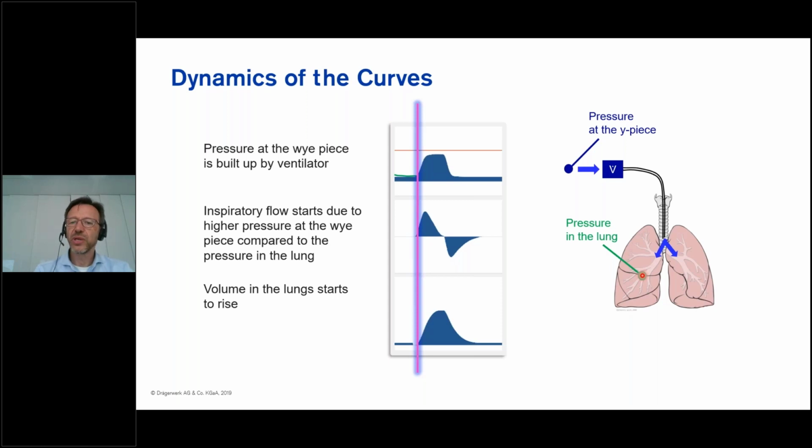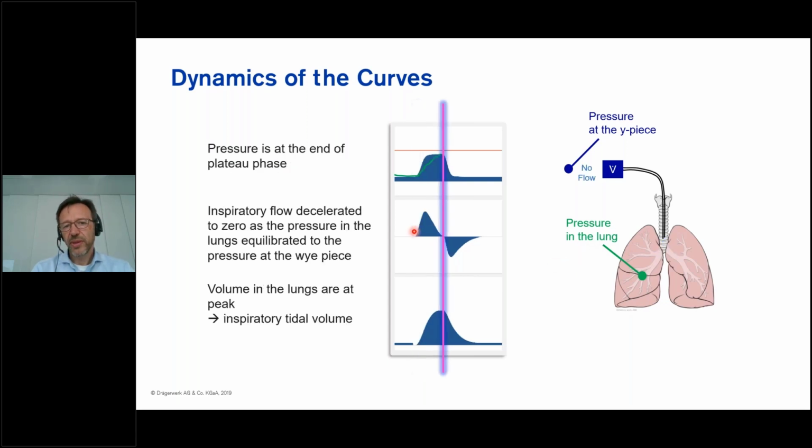Nevertheless, we can show this in the diagram to better explain the relationship between pressure, flow, and volume. Currently, at the beginning of an inspiration, the pressure is still at PEEP level at the Y-piece, and also in the lung the pressure is at the PEEP level of the previous expiration. With the next point in the curve, we are now at the end of an inspiration.